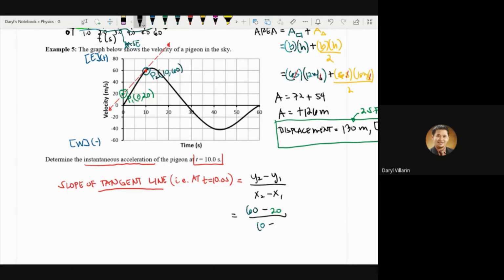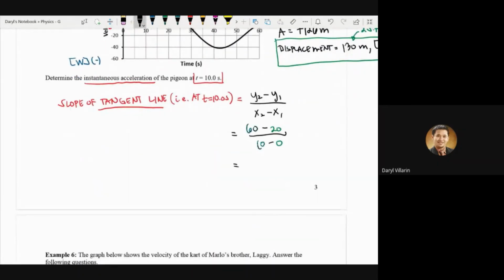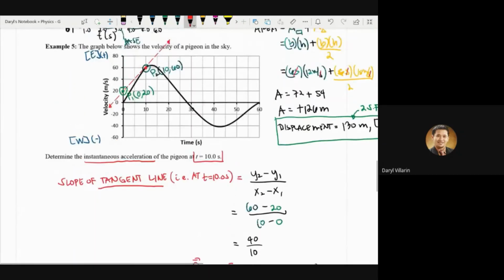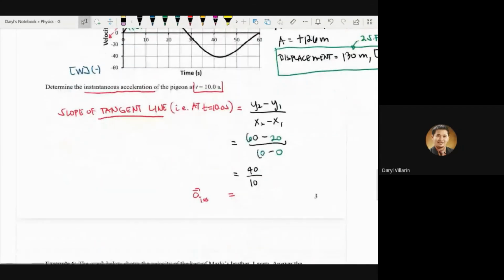Okay, just using color coding here, this is 40 over 10. So the slope, or the instantaneous acceleration, is equal to, using 3 significant figures, 4.00 positive meters per second squared.